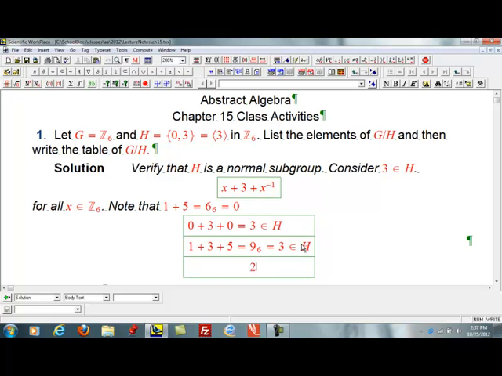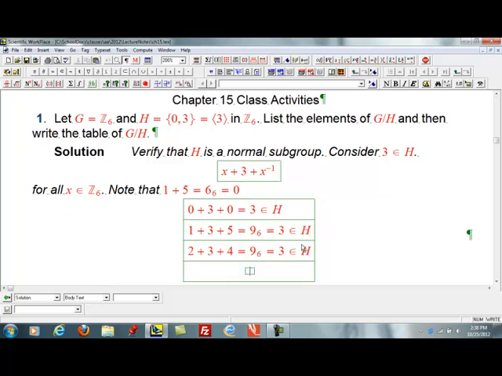2 plus 3 plus, what's the inverse of 2 mod 6? 4. So 2 plus 3 plus 4 is 9. Mod 6 is what? 3.